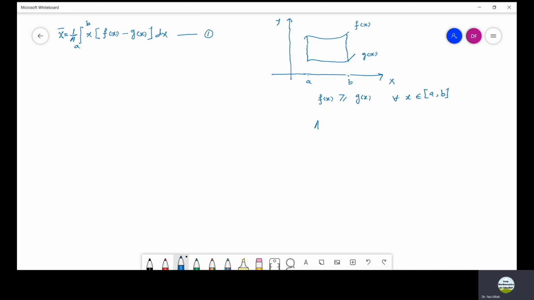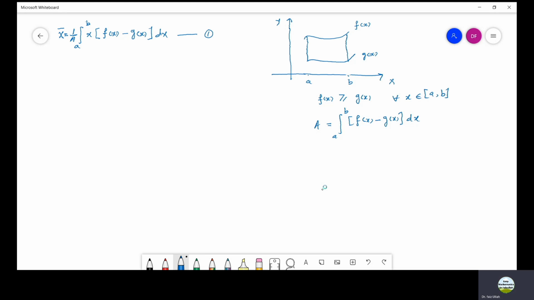Now the area of the region between these two curves from x equals a to x equals b is the integration from a to b of f of x minus g of x into dx.